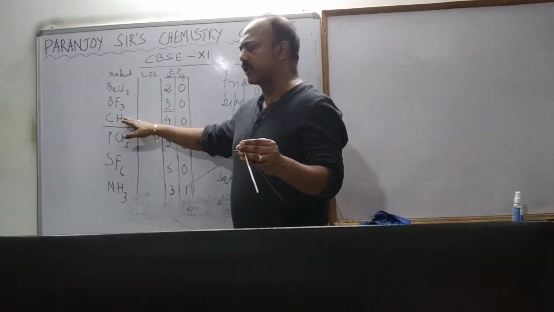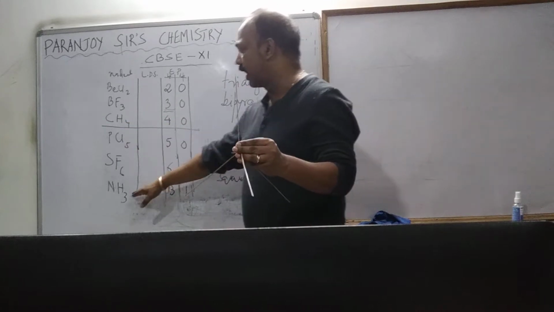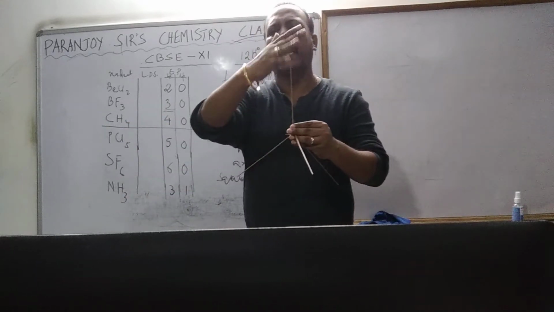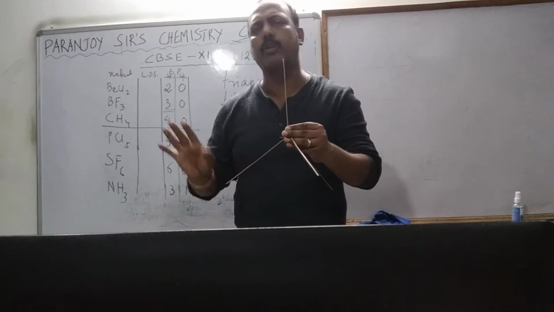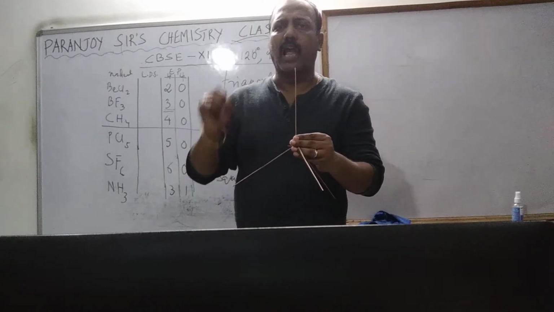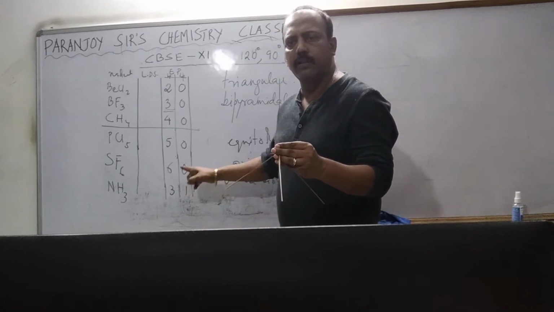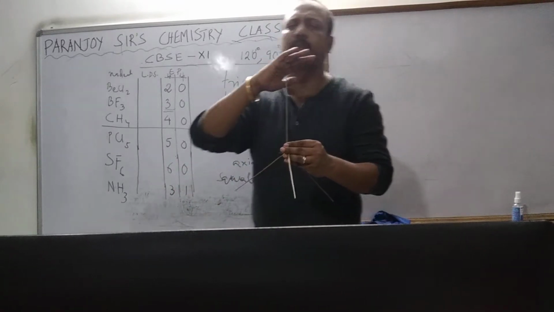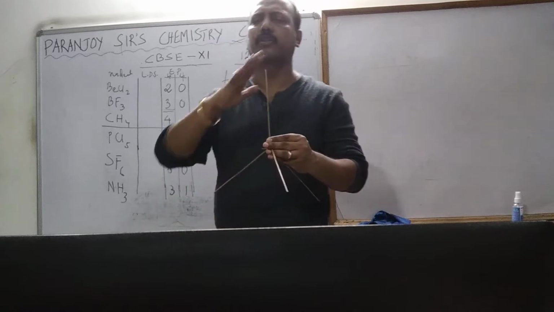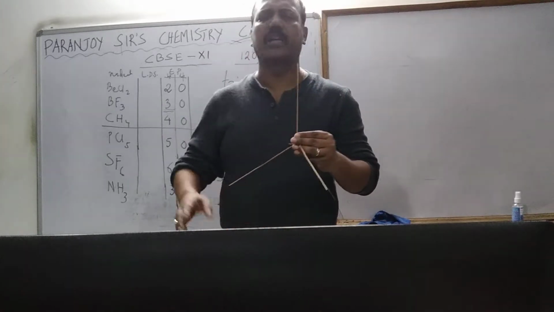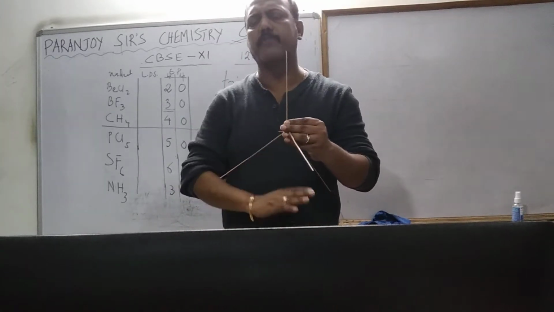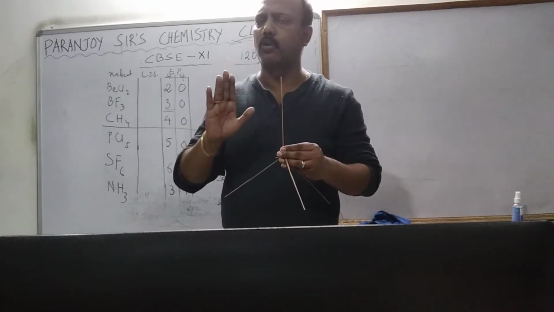The 3 hydrogens can go in any of the 3 positions, and the 4th position will be occupied by the lone pair. The 3 hydrogen atoms, that is 3 bonded pairs, will take 3 positions, and 1 position will be taken by the lone pair.